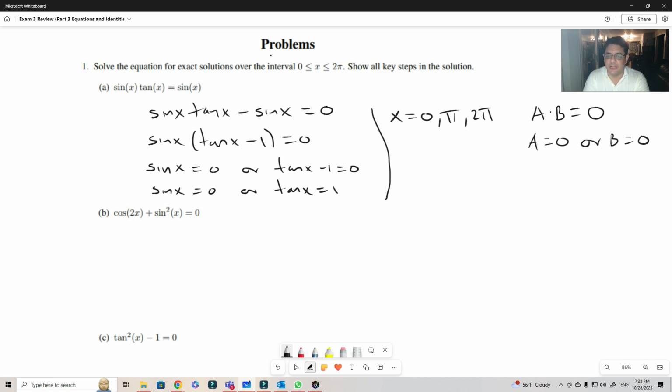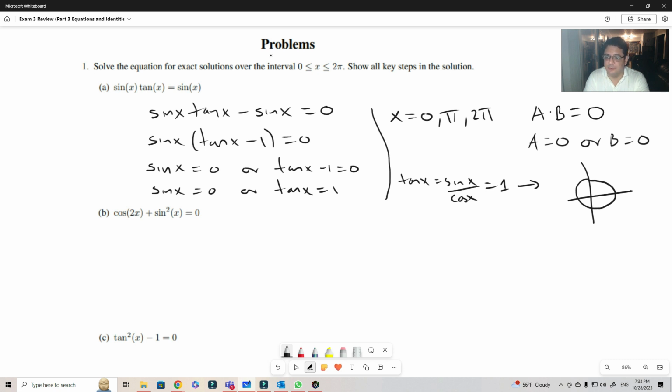From our special angles, or the definition of tangent as well, we know that tangent is sine over cosine, right? And so if tangent of x equals 1, that means that sine should be equal to the cosine in this case. And that's going to happen in the unit circle only in two places.